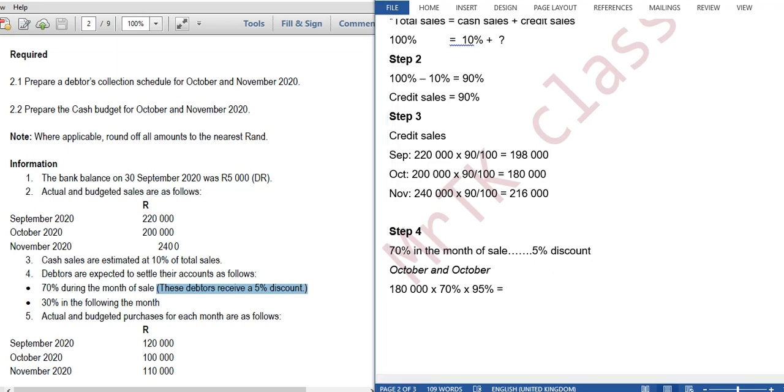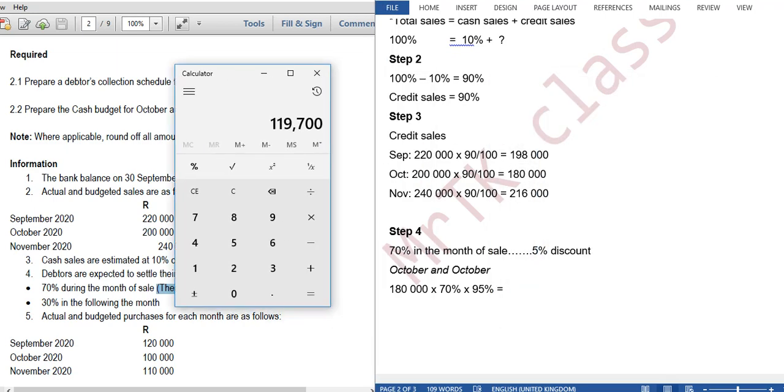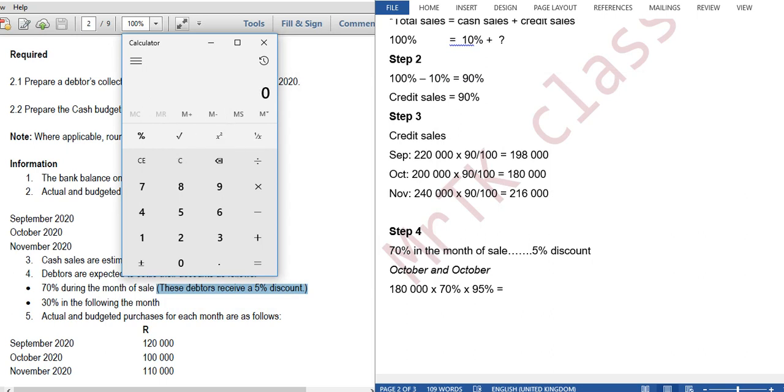Alright, so we are going to say 180,000 multiplied by 70 over 100 multiplied by 95 over 100. So we are going to get 119,700. So this is what we are going to receive. Why? Because we sold for 180,000 on credit.